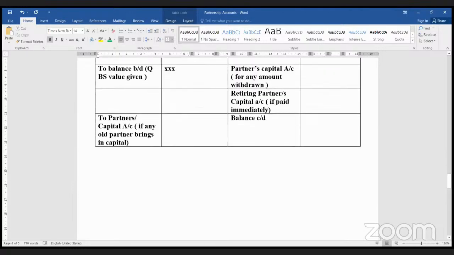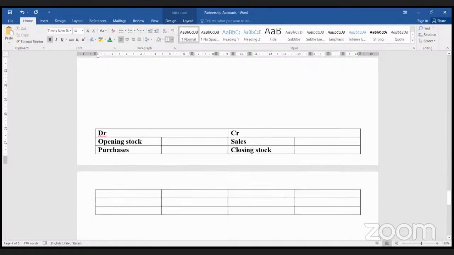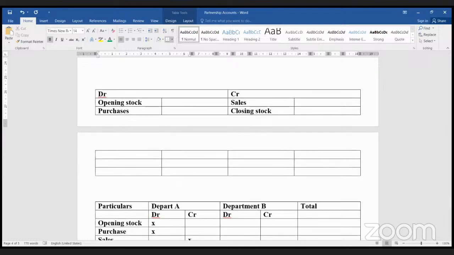How do you do it for the admission of a partner? Did you understand? Children, are you there? Yeah.